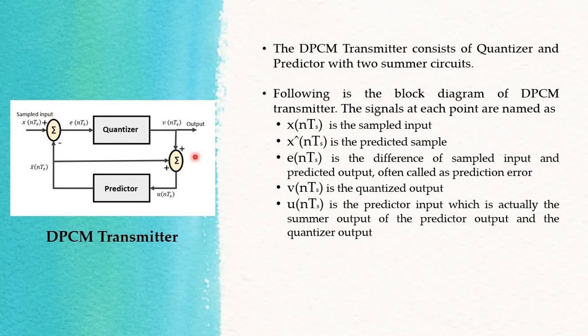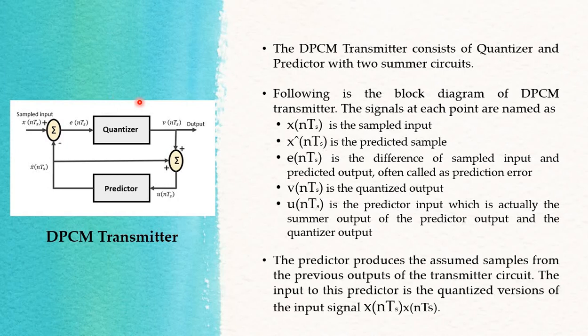But if they are not the same, it generates the next output. The predictor produces the assumed sample from the previous output of the transmitter circuit, and the input to the predictor is a quantized version of the input signal, x(nTs).